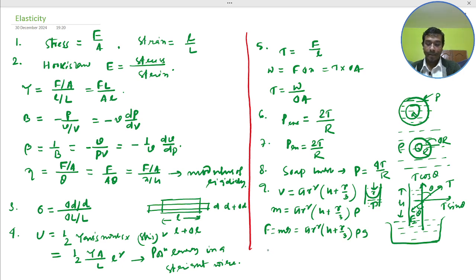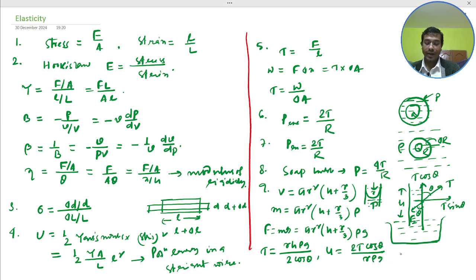And next, the height and the tension, so tension would become r h rho g divided by 2 cos theta. And another important one, the height is most important: h equals 2T cos theta divided by r rho g.